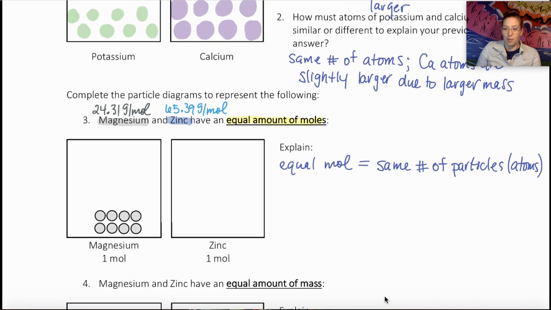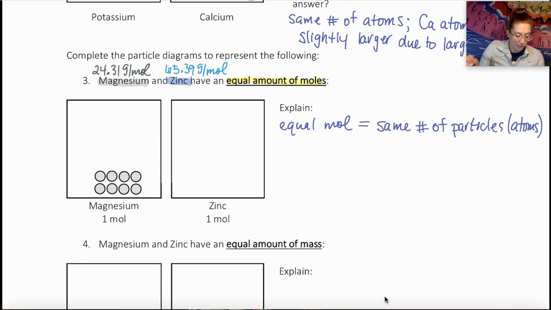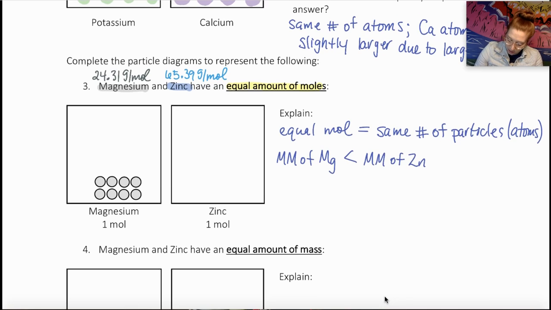Okay. And then if we look at these molar masses, we can see that the molar mass, which I'm going to abbreviate MM, molar mass of magnesium is less than the molar mass of zinc. Therefore, zinc atoms are larger.